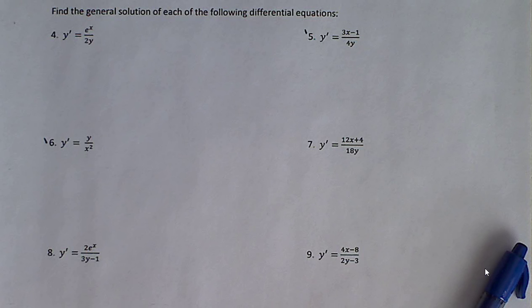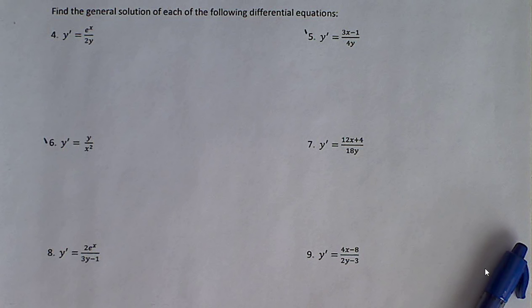You can, but here's what I'm going to have you do instead. Now you multiply both sides by 1 over y and by dx. This is more mathematically sound. It's going to get you the correct answer. The other way won't get you the correct answer.